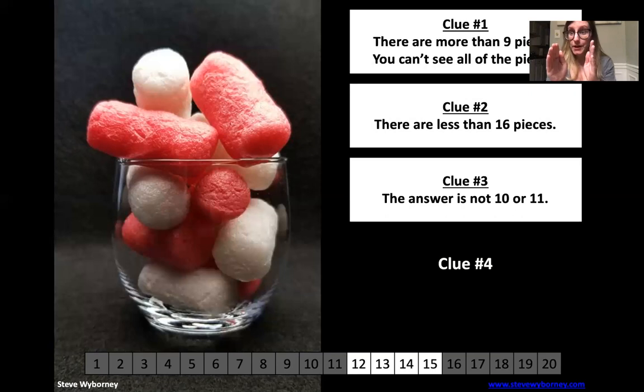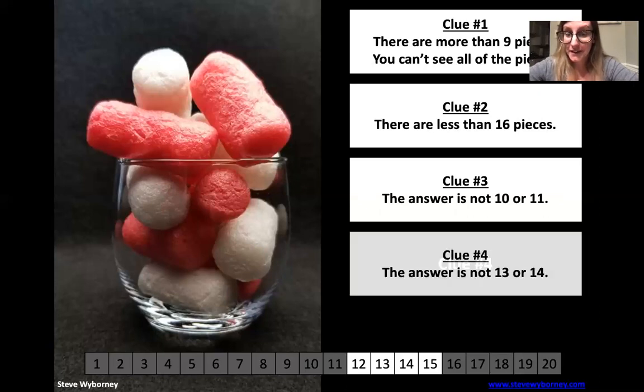We have a small number of possibilities. All right, ready for our last clue? The answer is not 13 or 14. So now we're down to 2 numbers that could be our estimate, 12 or 15.